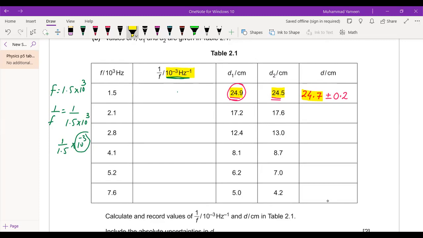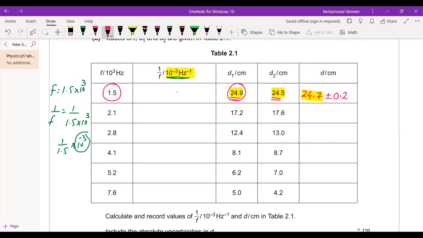So 1 over 1.5 would be 1 divided by 1.5. You will get your answer, you can see on my calculator. The rule is simple. The number of significant figures in f should be equal to the number of significant figures in 1 over f. There are two significant figures. The rule of log is different, but in case of other variables, f, 1 over f square, x square, x cube, the number of significant figures should be the same.